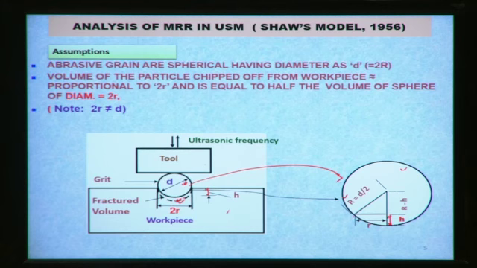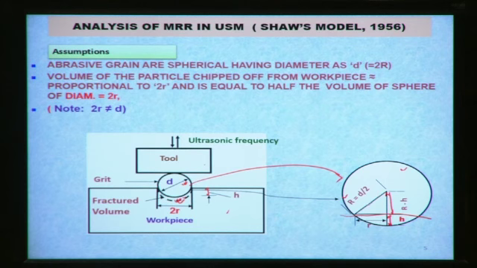This small r is the hemispherical zone which is removed or chipped off from the workpiece surface. Obviously this one will be capital R minus h, and capital R equals d by 2.